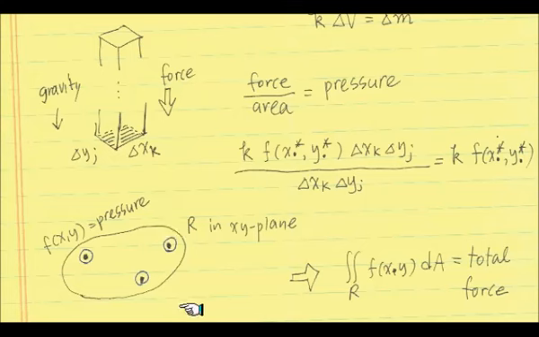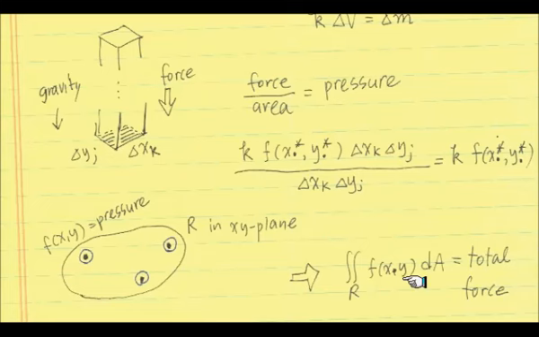Then if we want to compute the total force, because this pressure is applied to, for example, this little circular region, and let's say the circular region here is very small, such that this pressure doesn't change that much, then the force applied to that circular region will be this pressure times the area of the circle. So suppose we have sampled a lot, and adding those forces all together will compute the force applied to the entire plate of this round-shaped region R.